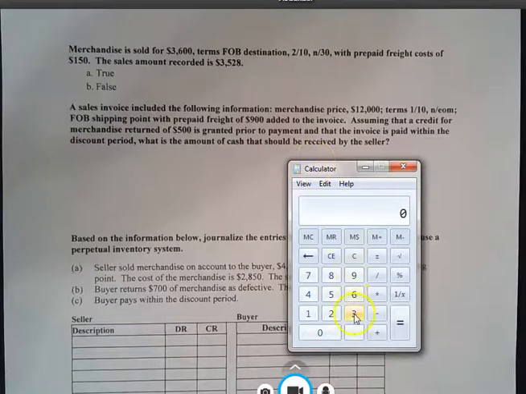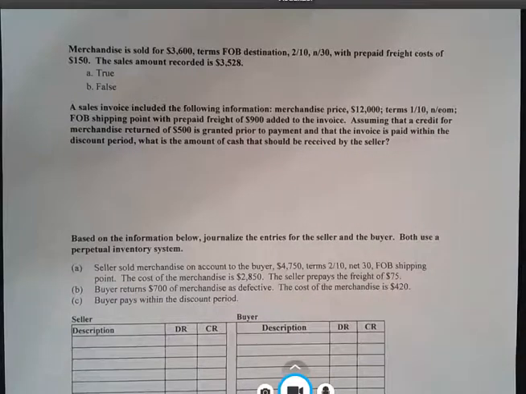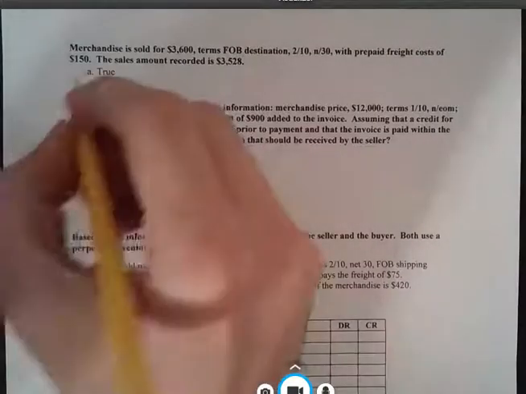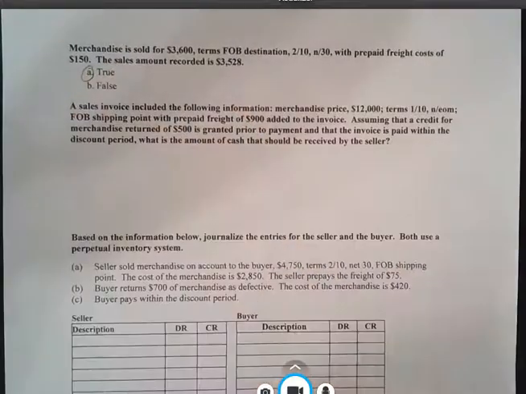So $3,600 is the list price, but we're going to multiply that by 1 minus the discount rate, which gives us 0.98 or 98%, $3,528. So what we have here is a true statement. $3,528 is the amount of the sale. So we're going to mark that as true.